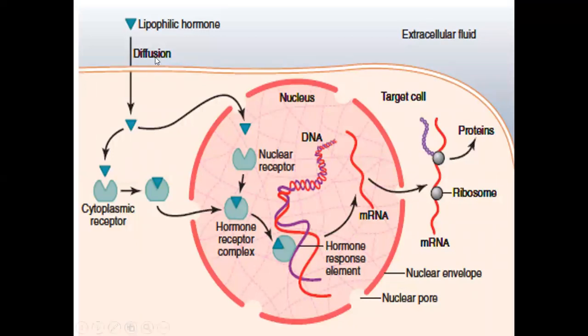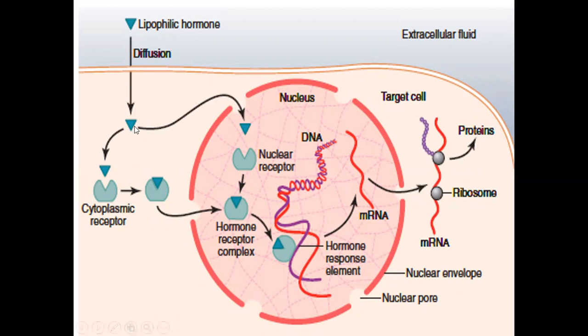Now, I've mentioned that steroid hormones, being derivatives of a cholesterol precursor molecule, can diffuse easily. They diffuse passively into the cell membrane, which is comprised of a phospholipid bilayer.